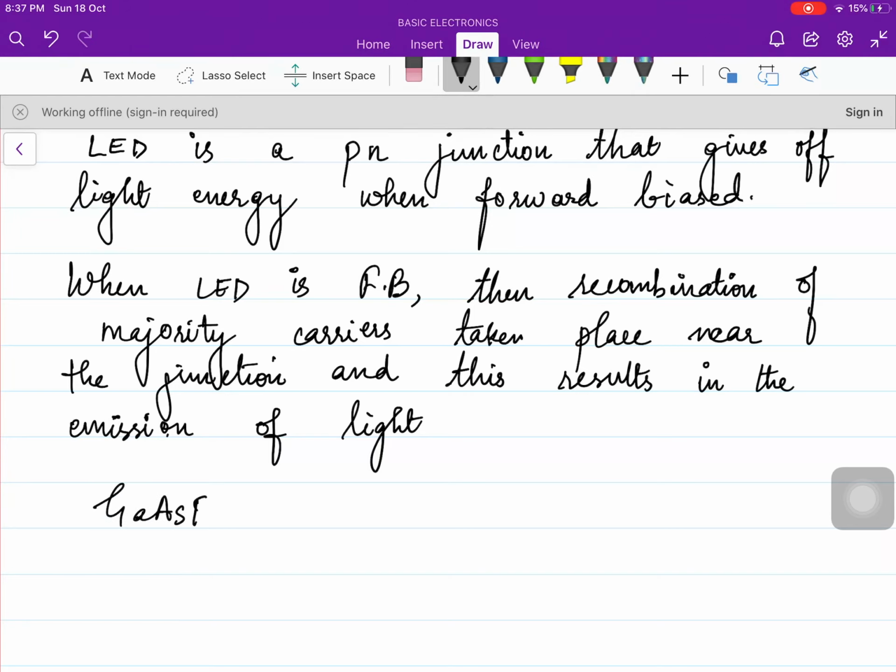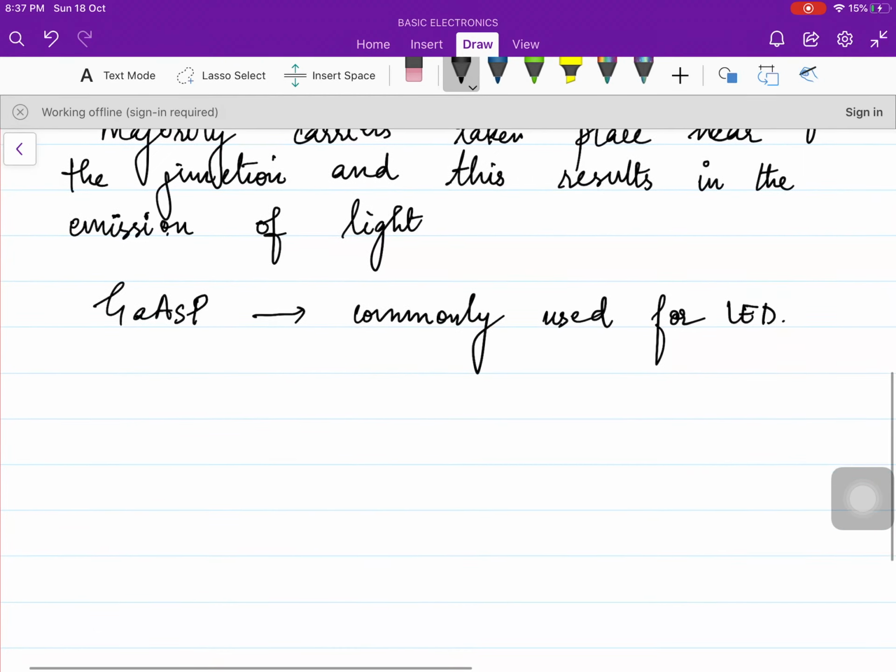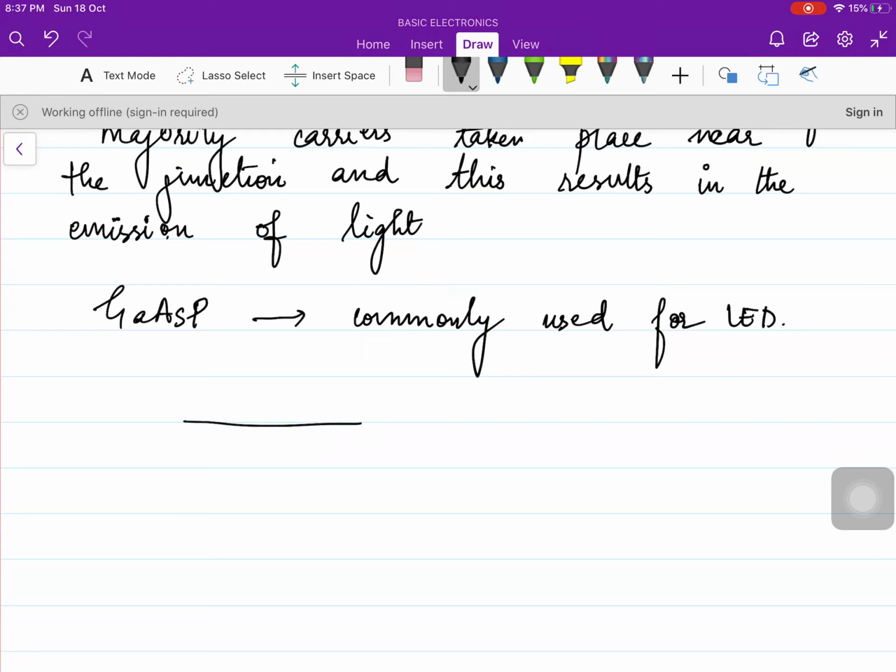That material, most commonly, is gallium arsenide phosphide, and you can use other compound semiconductors also, but this is the most commonly used material for LED.